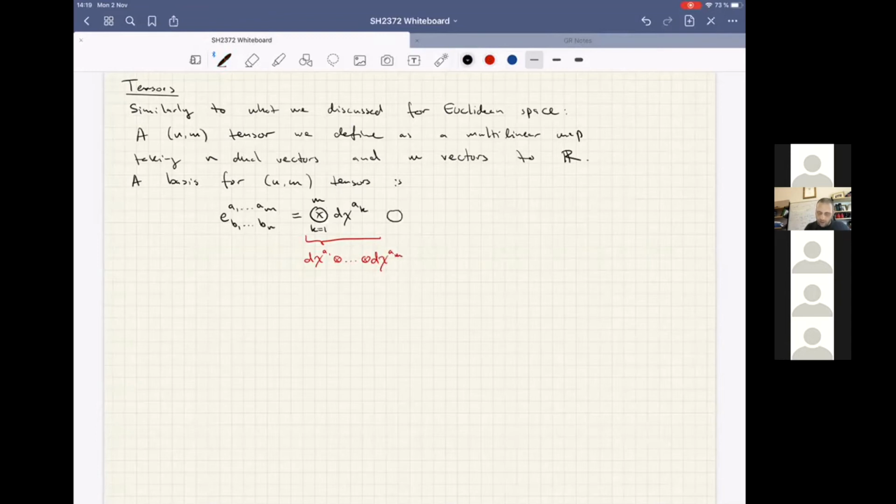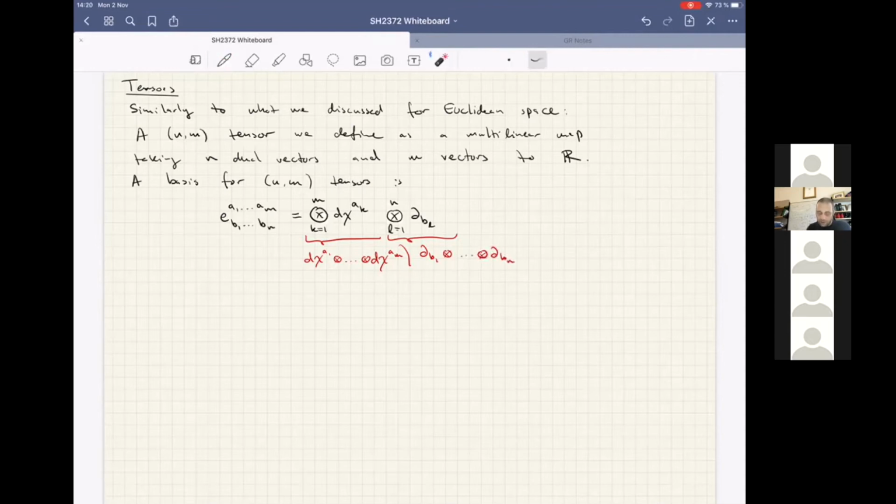And then that times the tensor product, let's use l now, from 1 to n, of these ∂_(b_l). So the tensor product of the basis of the tangent vector space n times. So this thing here would be ∂_(b1) tensor product all the way up to ∂_(bn).